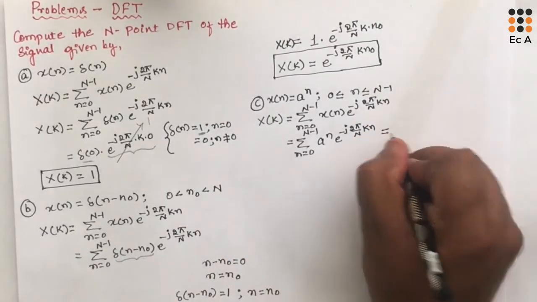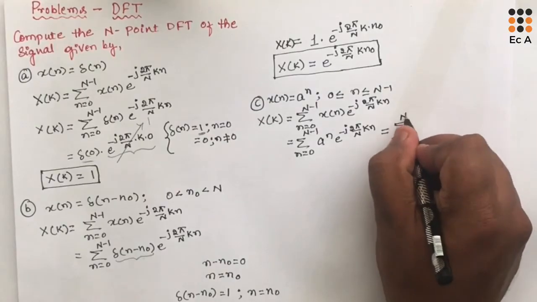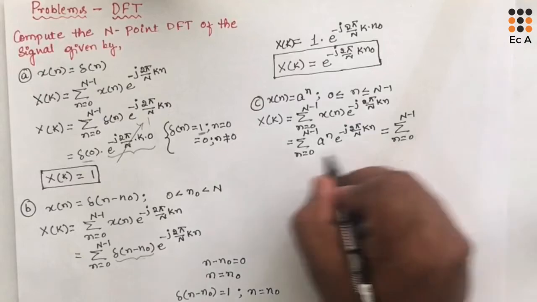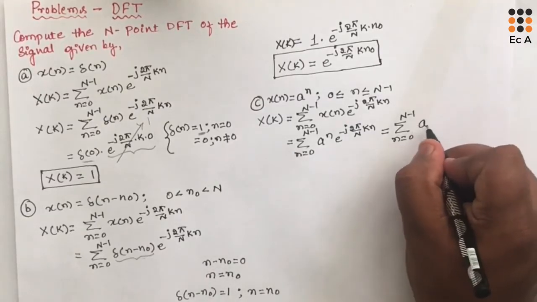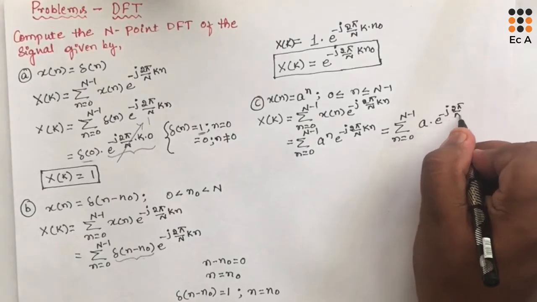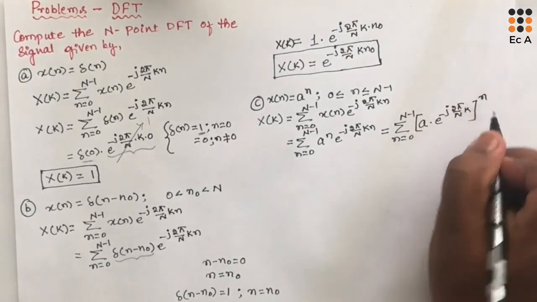So this we can write it as summation of n is equal to 0 to n minus 1. If we take power of n as common in these two terms, we can write a into e to the power of minus j 2 pi by n into k whole to the power of n.